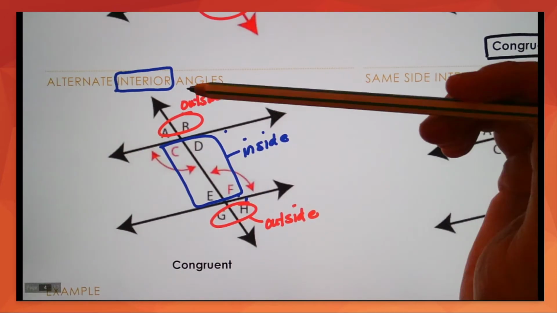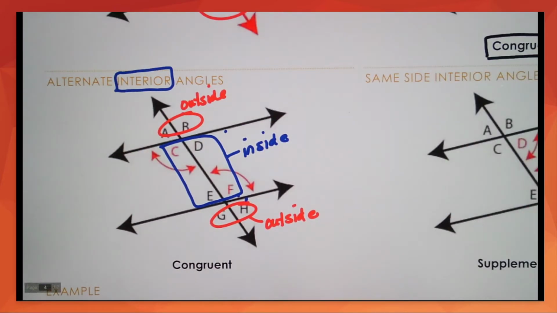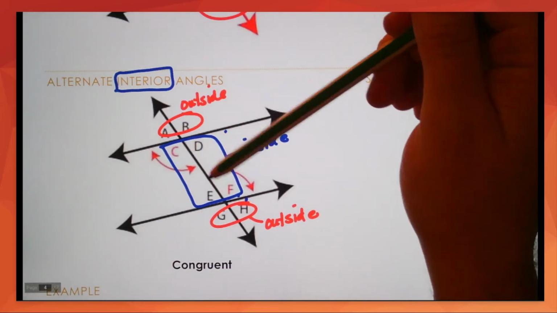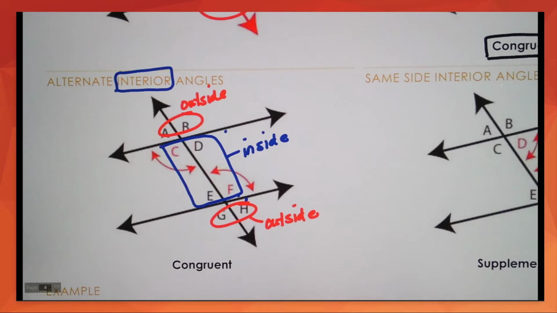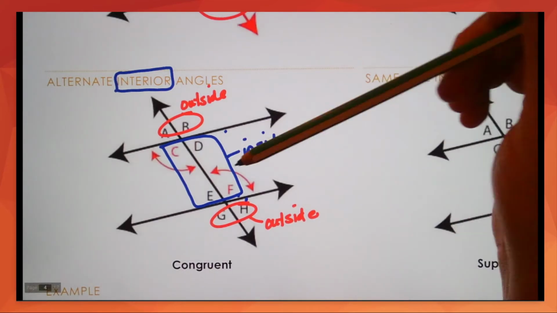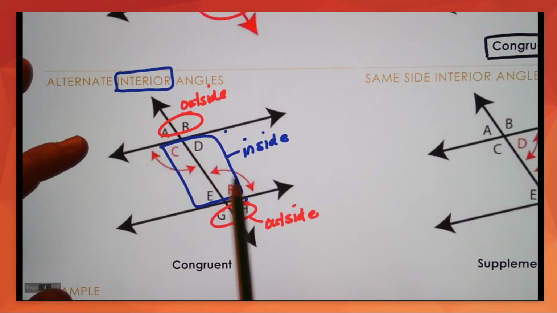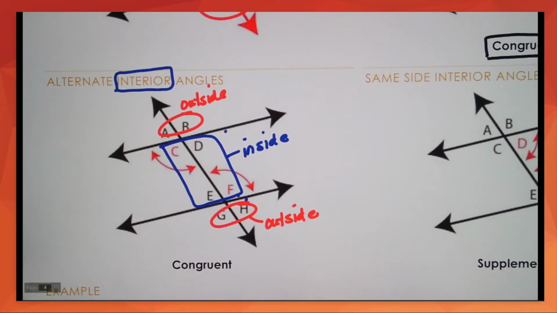So when you have a situation, there are things you have to remember here. They're parallel lines. That has to be true. They have to be cut by the same line, which is this transversal right here. And they also have to be interior and on alternate sides of the transversal. If all of that is true, then the angles are congruent.